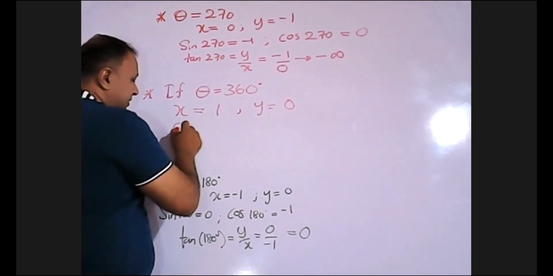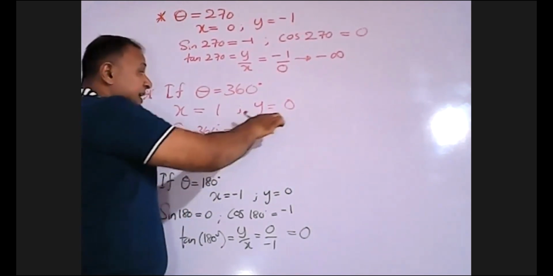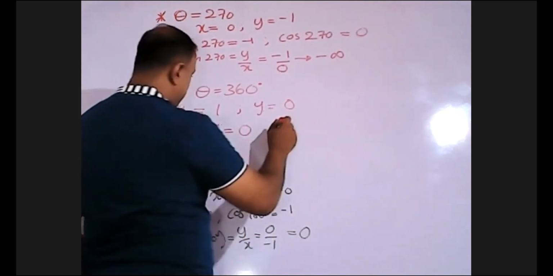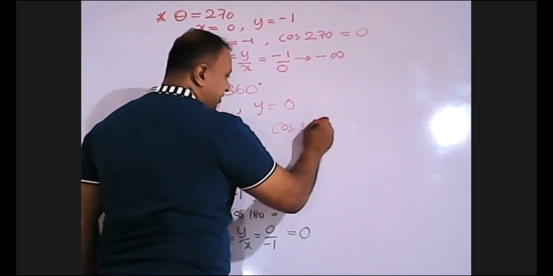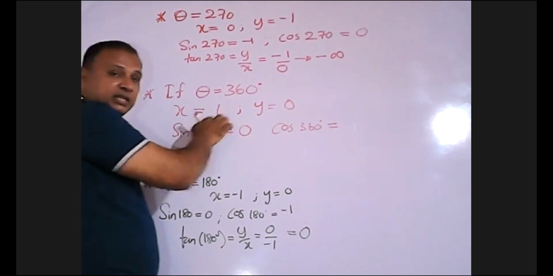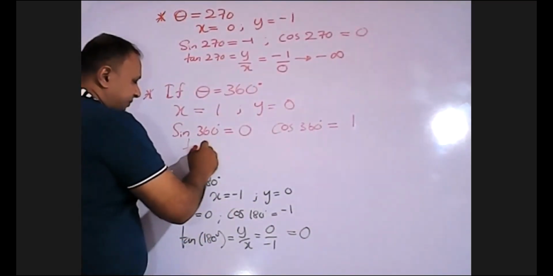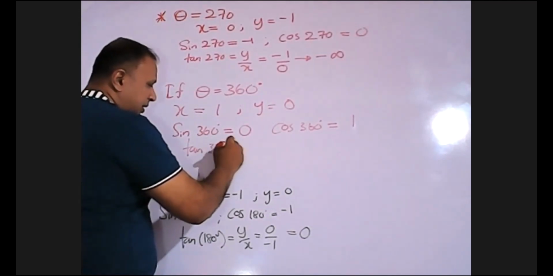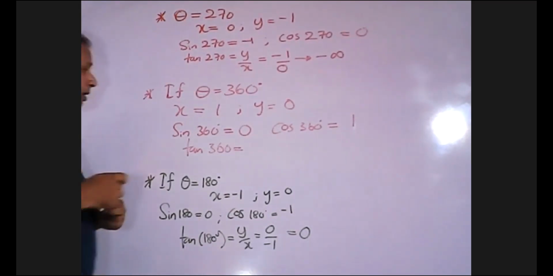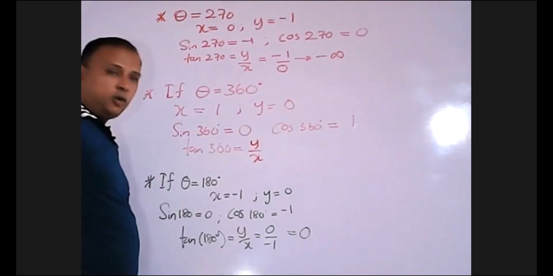Therefore, sin 360 means the y coordinate, so it is 0. Then cos 360 is equal to the x coordinate, it is 1. Tan 360 is equal to y over x.